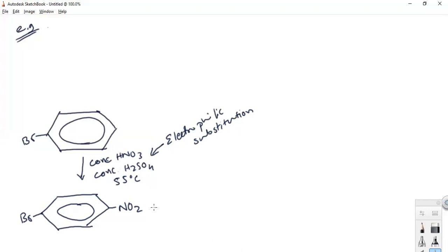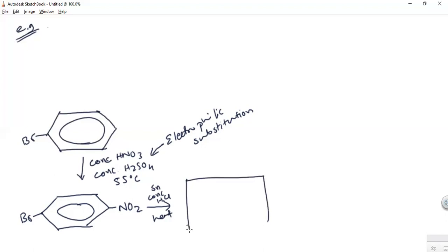Now, after this product has been formed, when we add tin with concentrated hydrochloric acid, HCl, and give some heat, some product should be formed. That is what we are supposed to draw here.